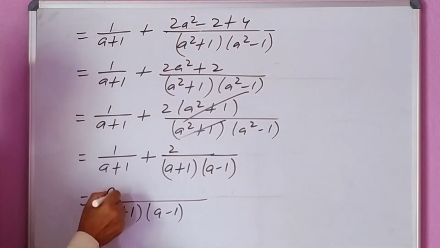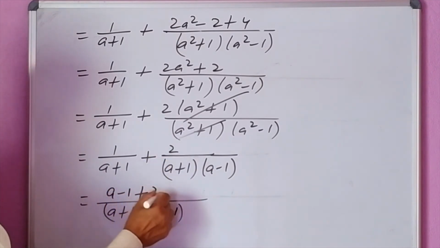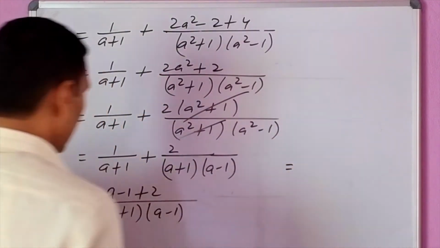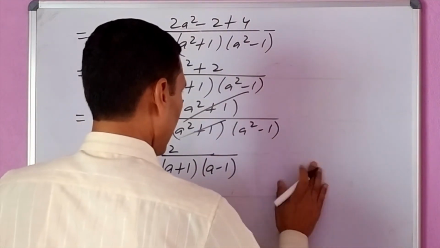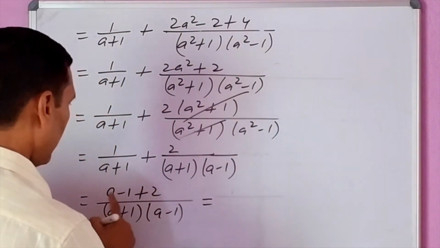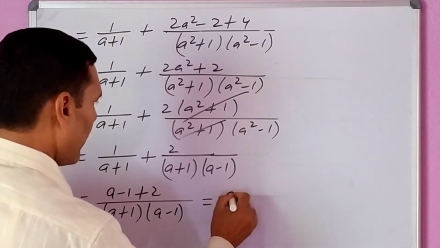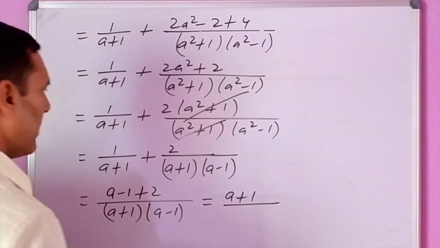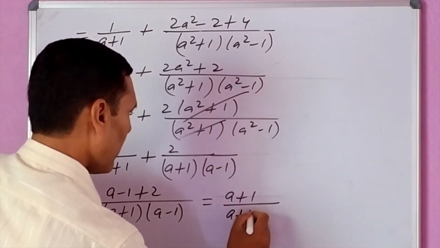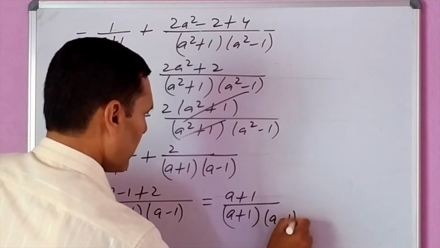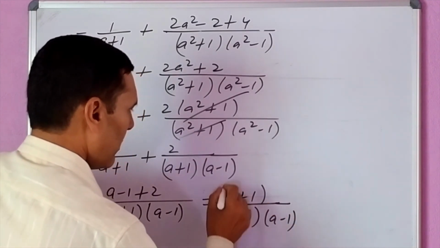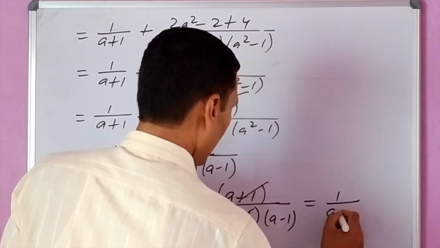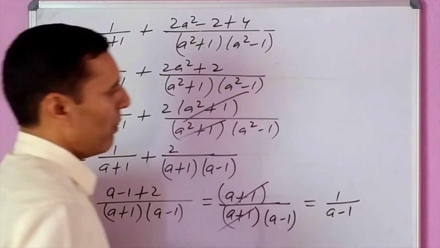What will remain there? a - 1, and here 2 only, because the denominator and LCM are the same. So you can write here a + 1 plus 2 minus 1, it is plus 1, upon (a + 1)(a - 1). So a + 1 also cancels, and finally we get 1 upon a - 1.